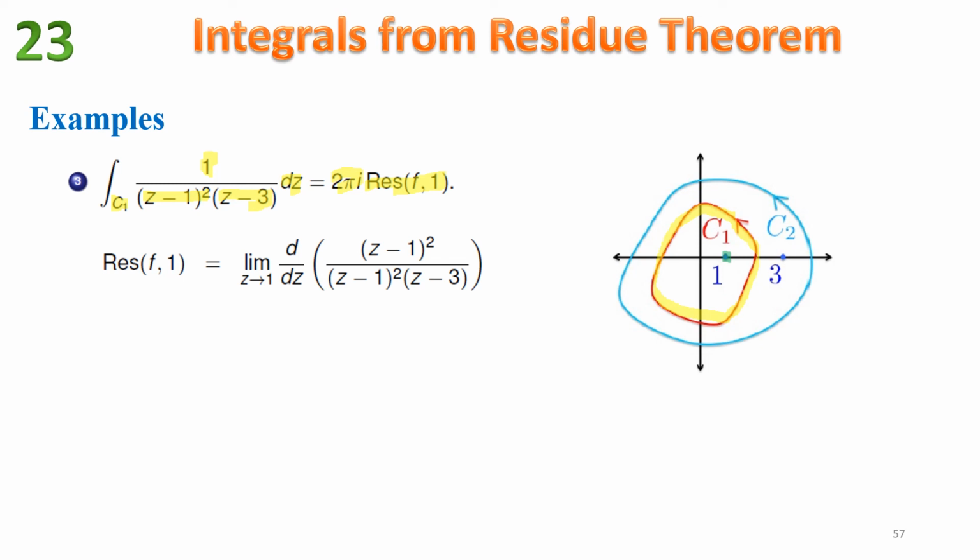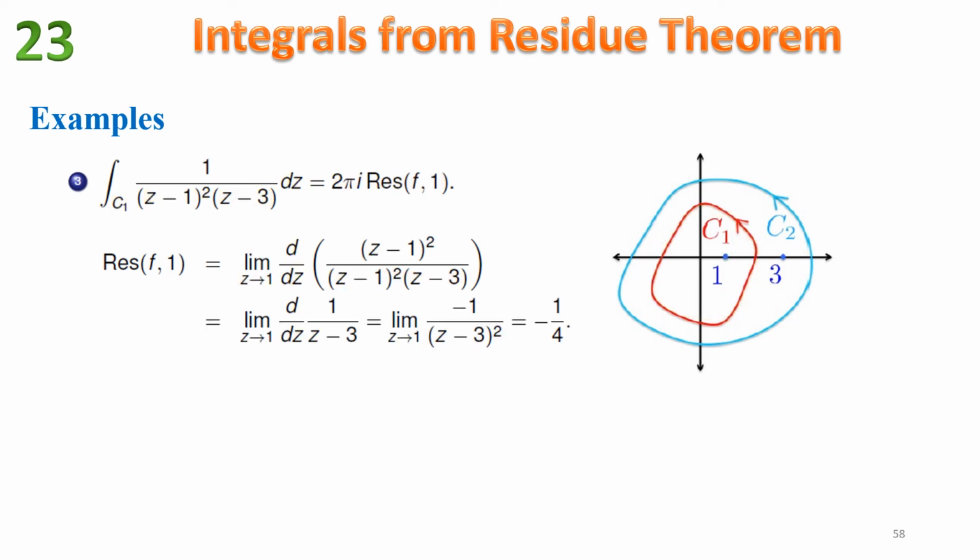So obviously it can be found by one of the earlier methods we have learned just now: limit as z approaching 1 of d dz of z minus 1 whole square upon the function, that is z minus 1 whole square into z minus 3. So here you can simply identify that you can eliminate these two terms which are appearing in the numerator and denominator.